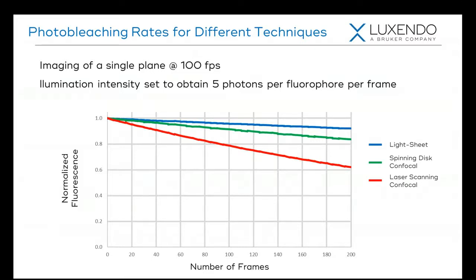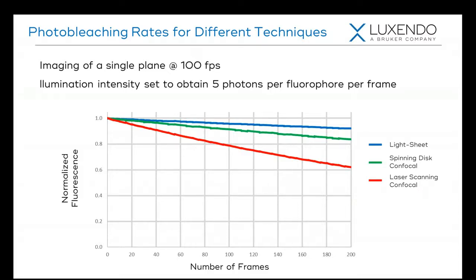So the first thing that we're going to look at is the photobleaching rates for imaging a single focal plane at 100 frames a second. We normalize the illumination intensity between these different techniques to achieve 5 photons per fluorophore per frame.